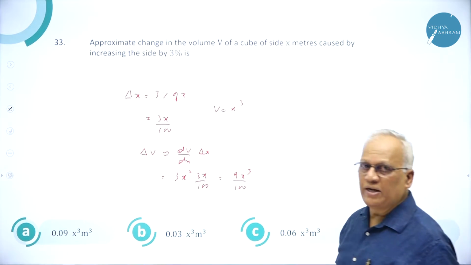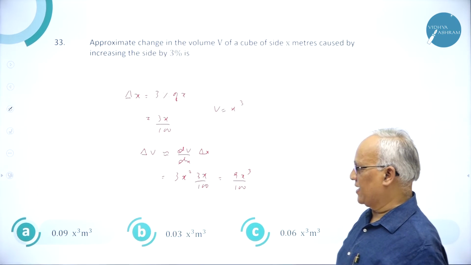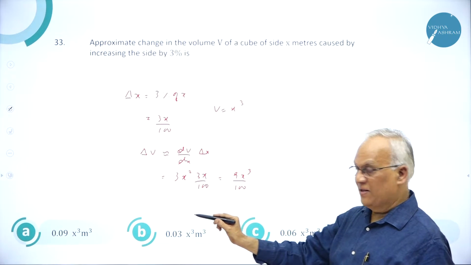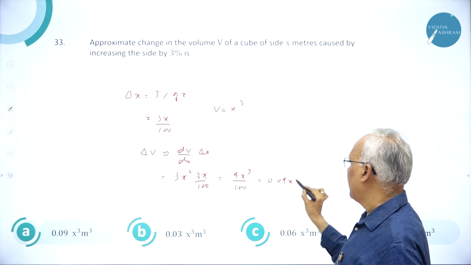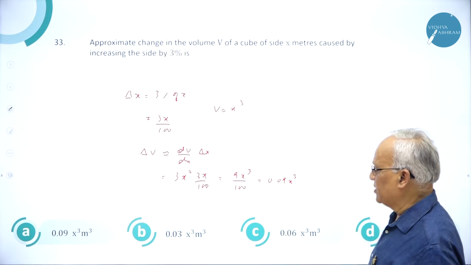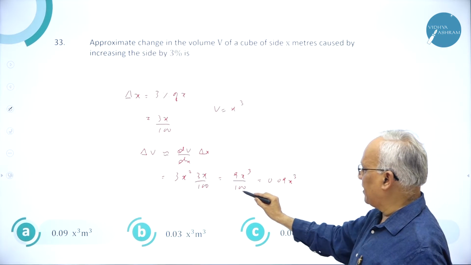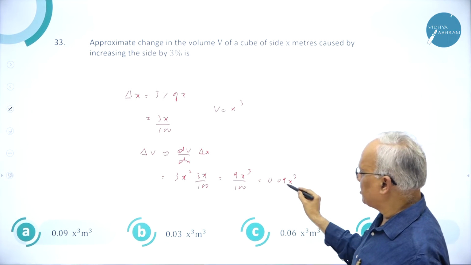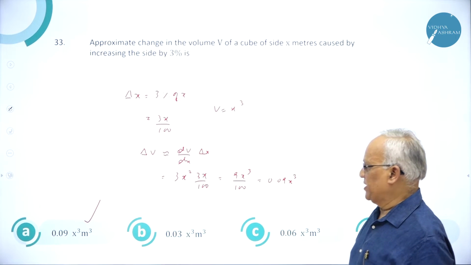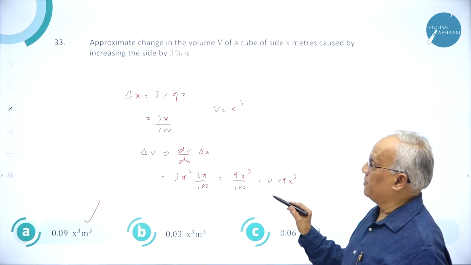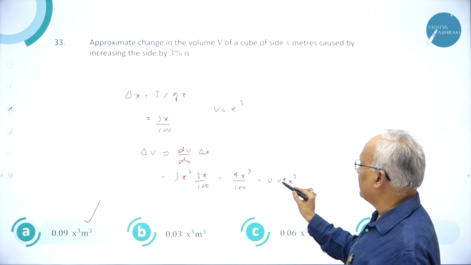If it were given in percentage basis, it would be 9%, but it's not given there. So it is 9 by 100, that is 0.09 x cube meter cube. 9 by 10 is 0.9, 9 by 100 is 0.09. So 0.09 x cube meter cube. If they ask for the percentage, it is 9%.